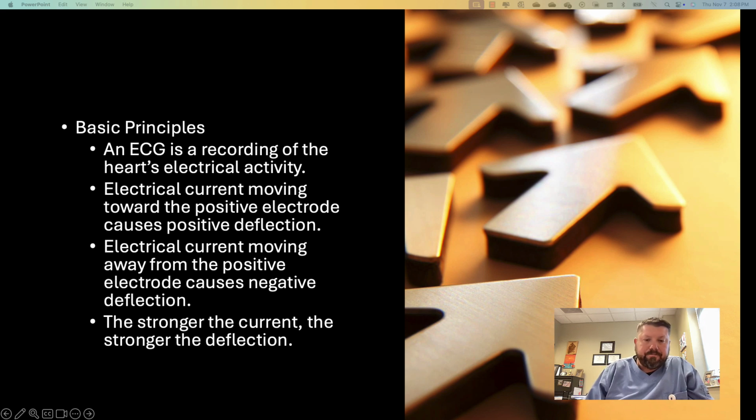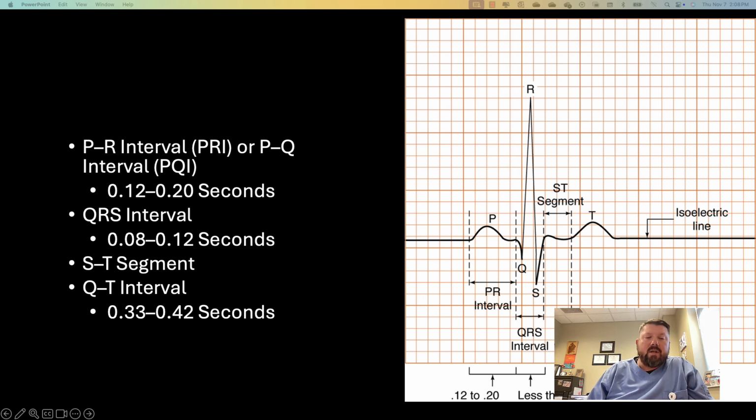So just really quickly, remember you've got your PR interval, which is going to be 0.12 to 0.20 seconds. Your QRS interval, which is going to be 0.08 to 0.12. We're really happy as long as it's 0.12 or less. Your ST segment, which is going to be important in the 12-lead.